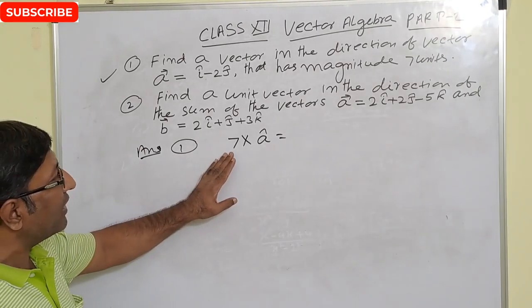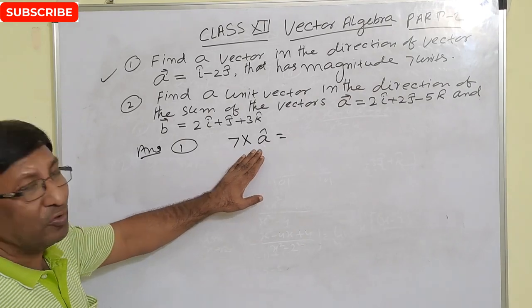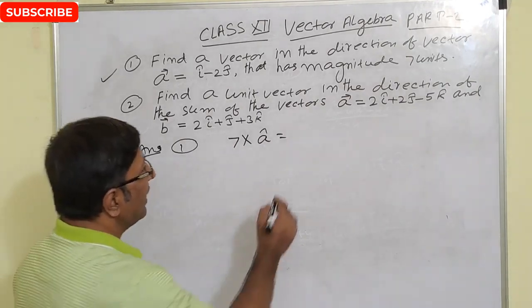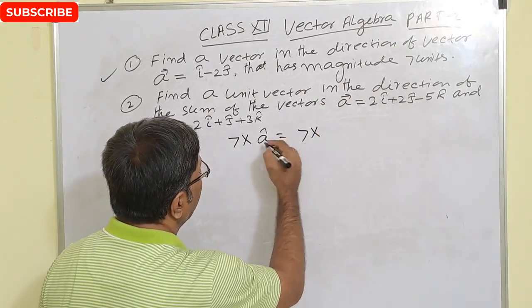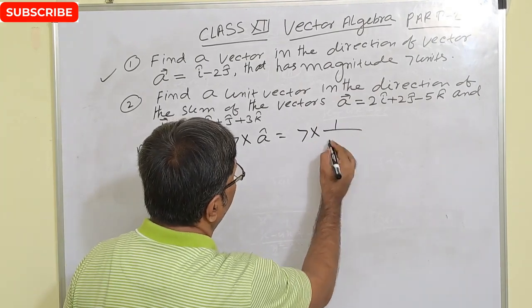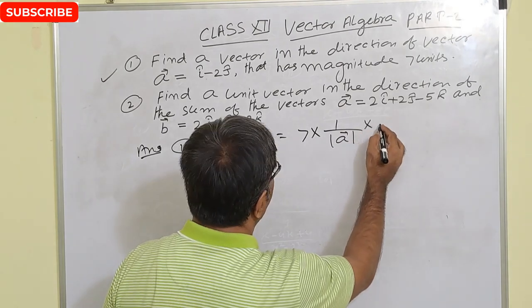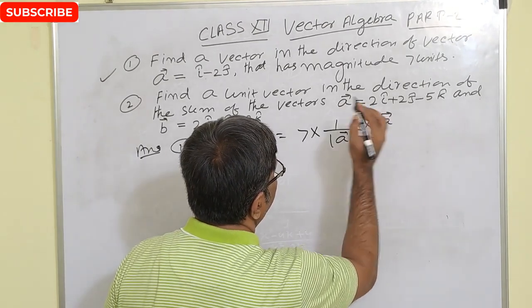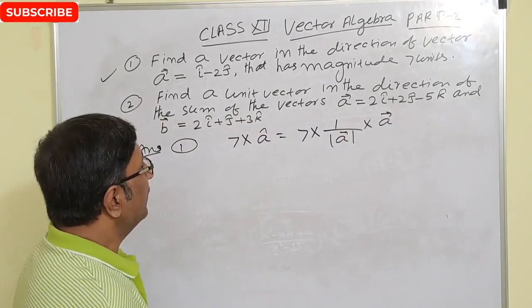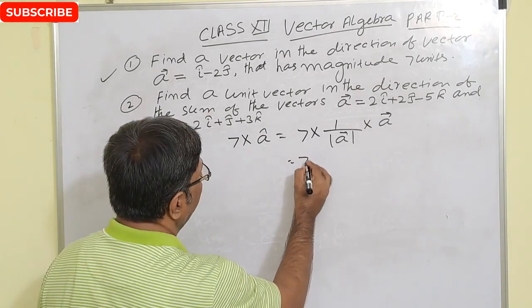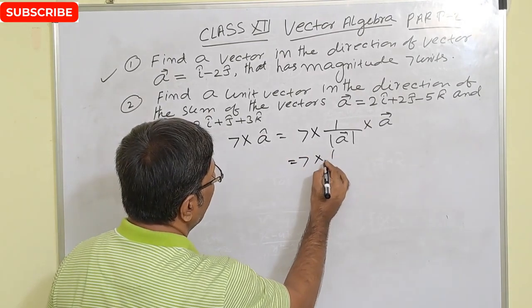So our required answer will be 7 into the unit vector. Unit vector A is 1 upon magnitude of vector A, multiplied by vector A.